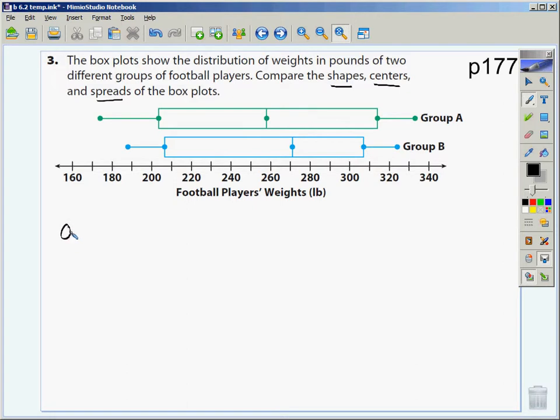And with it being pretty symmetrical, I would say that Group A is distributed what? And Group B definitely is not as distributed evenly, is it? What can you tell me about Group A's range compared to Group B? Group A has a larger range.